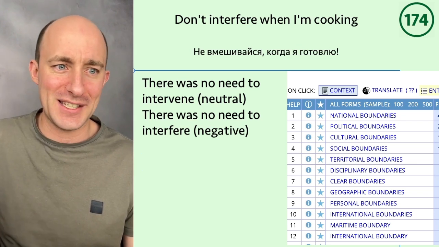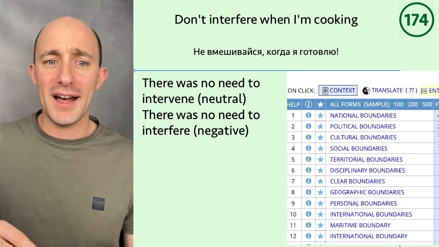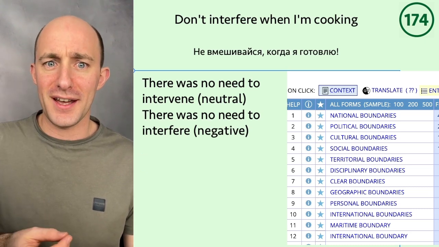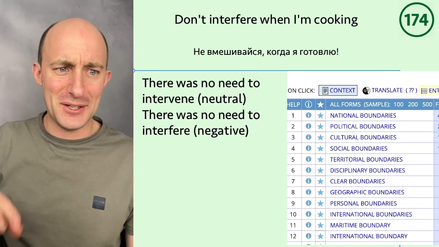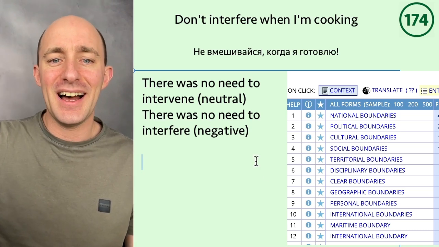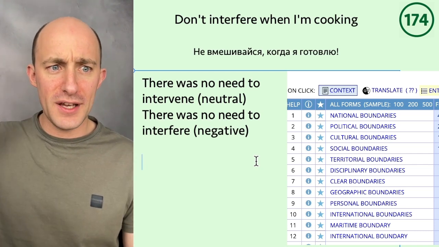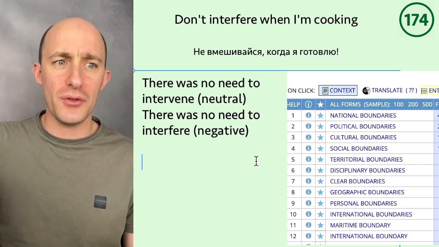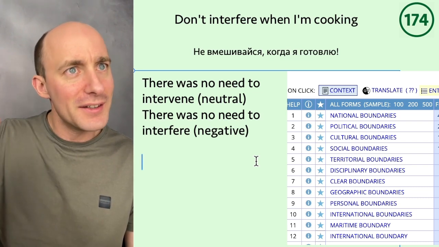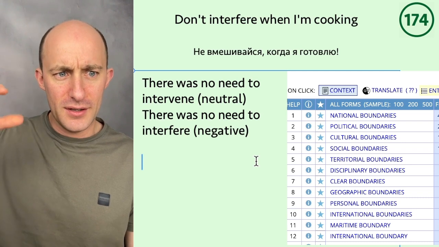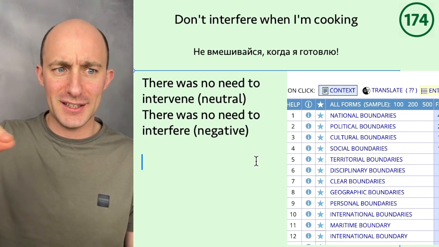So in this case, don't interfere when I'm cooking. Stay out. I don't need your help. We also talk about interference, like on the radio, if there's interference, then you can't hear the program properly. It stops the signal getting through.